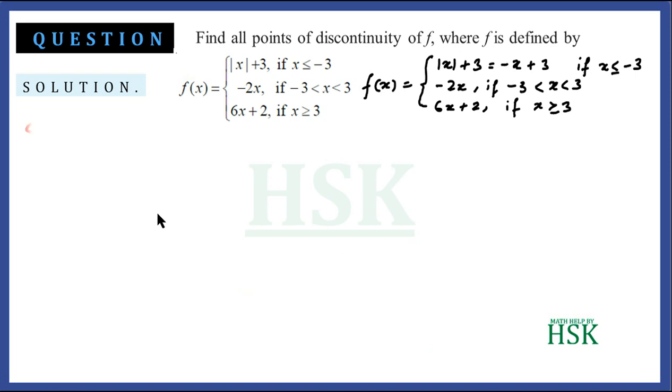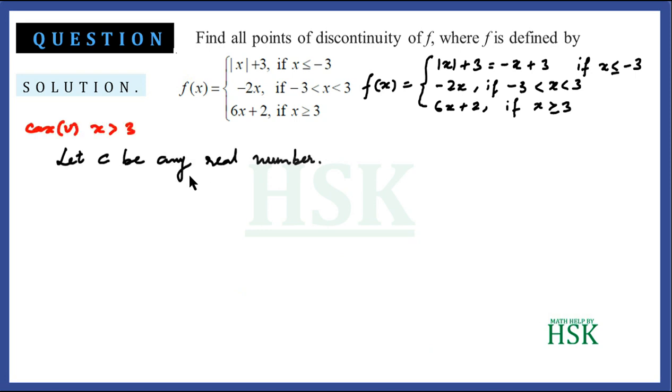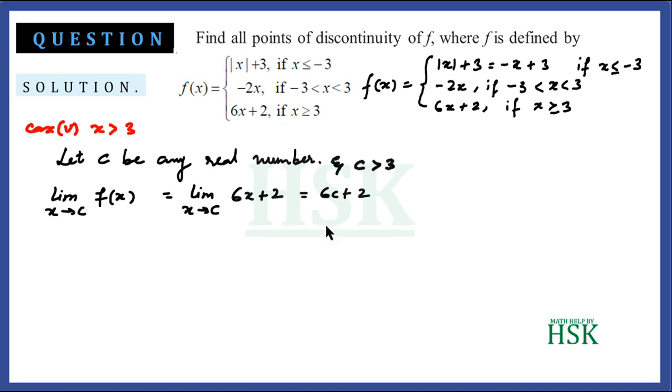Okay, now we are going to consider the fifth case when x is greater than 3. So it is very simple. Let c be any real number, x is greater than 3. So limit of x tends to c for f(x) would be equal to limit of x tends to c for 6x plus 2, because f(x) is going to take the value 6x plus 2 when we take any value greater than or equal to 3. So this would be equal to 6c plus 2.